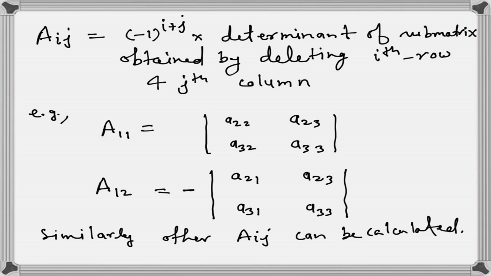Okay, so now we know how to calculate the inverse of a matrix. There are two important properties related with the inverse. The first one is that the determinant of A inverse is equal to 1 upon determinant of A. How do we get it?